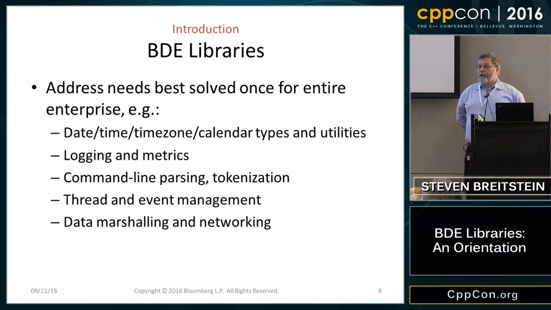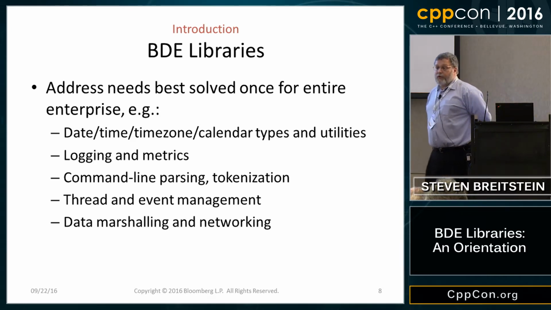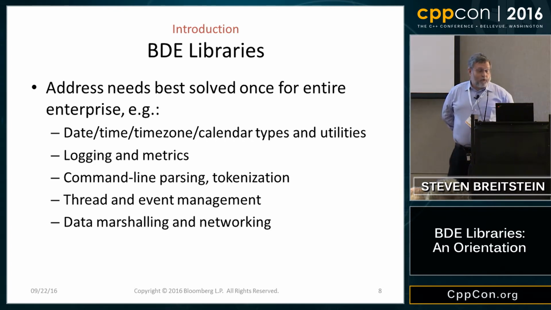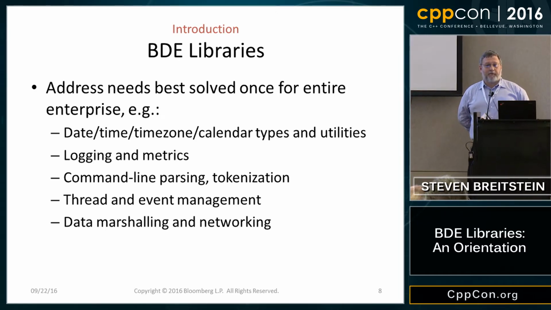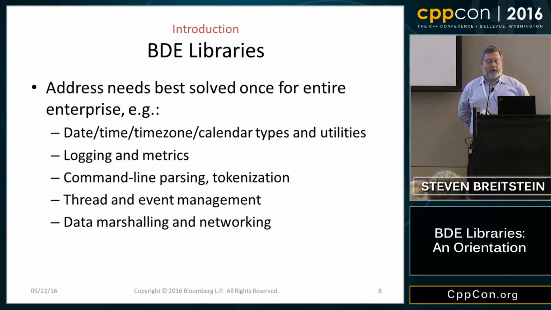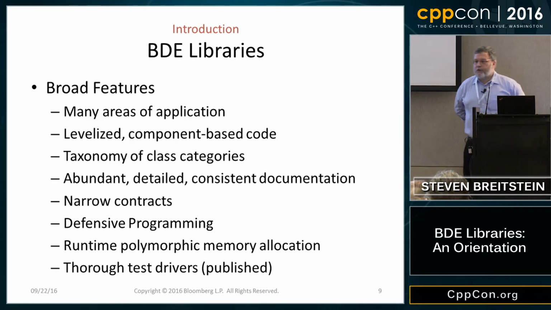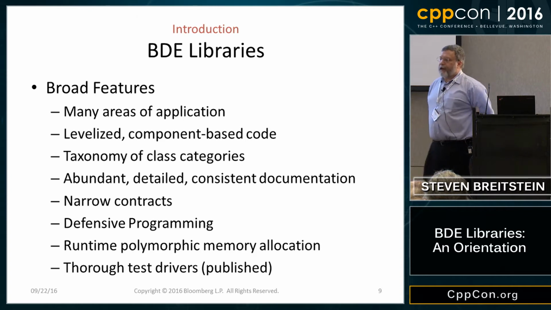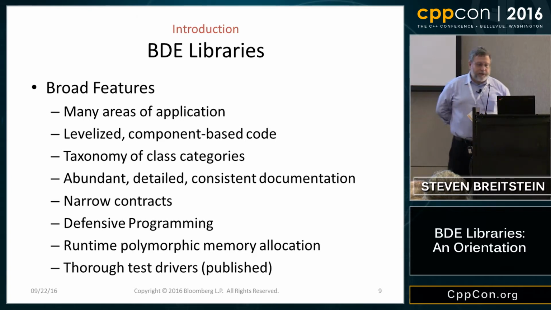We're trying to resolve that problem. We have one very good logger, subject to an hour talk, at least, by itself. Other things such as command line parsing, a great tokenizer, almost called the tokenator, thread management, data marshaling, networking, more things. These are just the highlights that I jotted down as I was perusing the libraries. So as you can see, there are many areas of application addressed by these libraries.